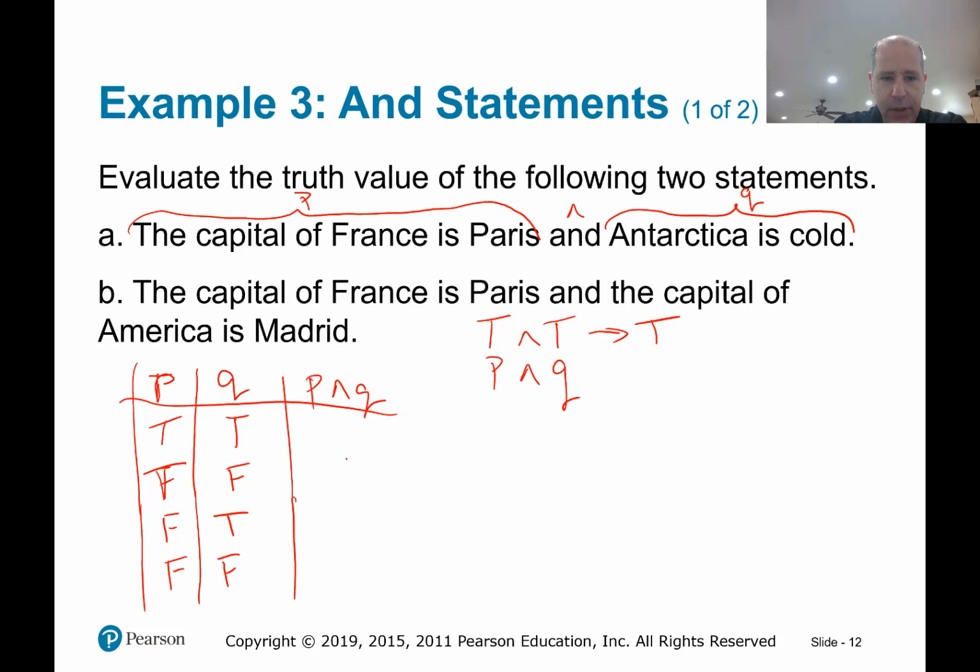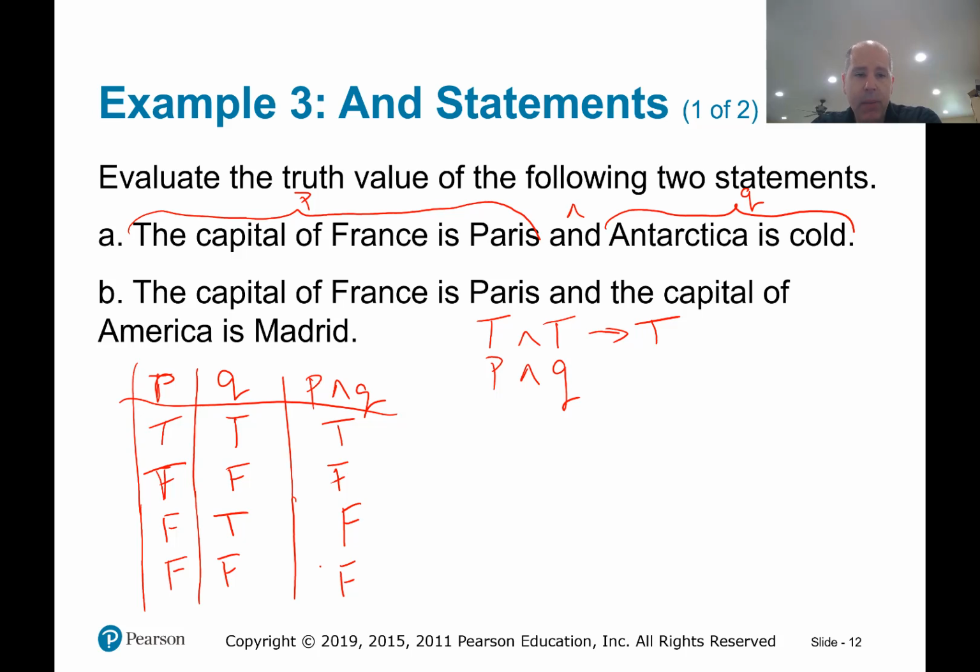P and Q. So this would be true because they're both T's. The rest are going to be false because there's at least one false, right? So again, always ask yourself, when can you be called a liar? And with and statements, you can be called a liar if at least one of the two things you said is false. Okay, so A is a true statement.